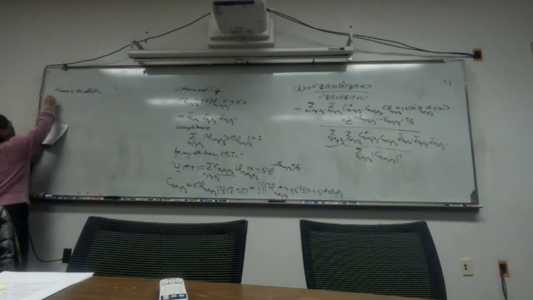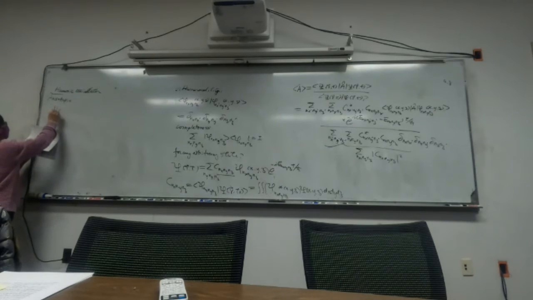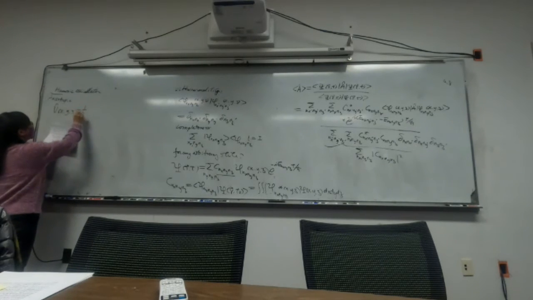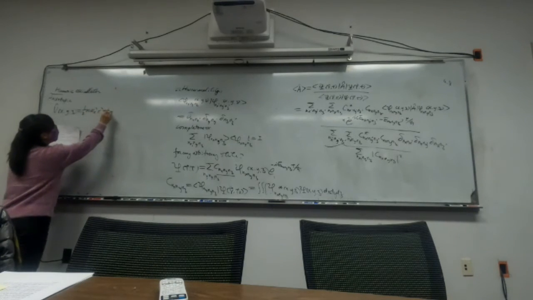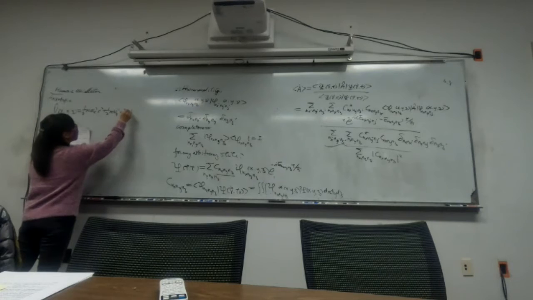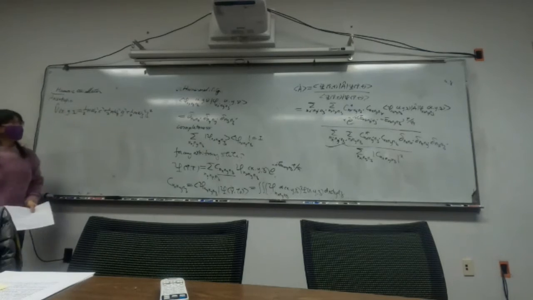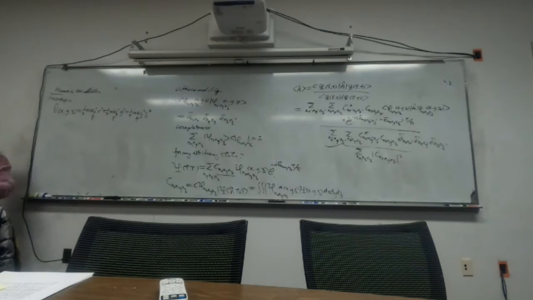Let's consider the anisotropic case. The Hamiltonian potential, because only the potential is different in this system, is half m omega x squared, plus half m omega y squared, plus half m omega z squared. When we say anisotropic, it is because the frequencies are not the same along the three directions.